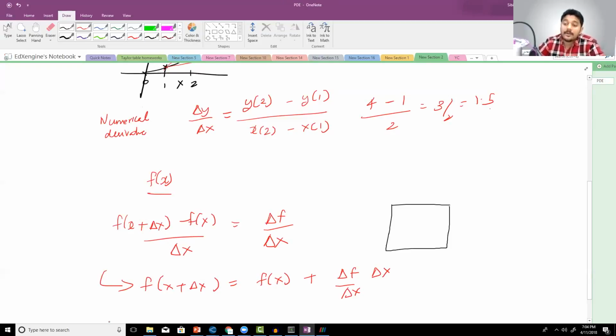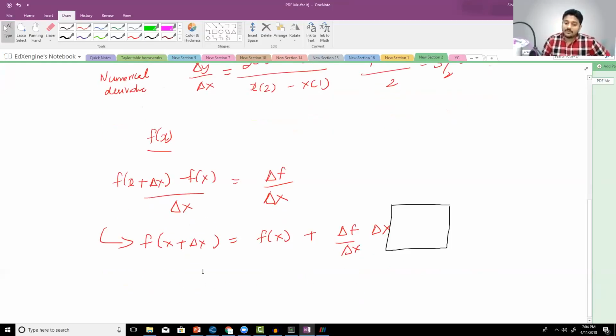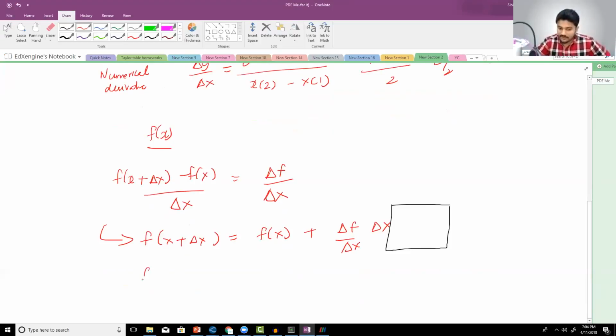This is no longer a partial differential equation. And remember, here this f can be any function. It can be anything. This is a simple approximation based upon, if you just wait for it, your Taylor series.